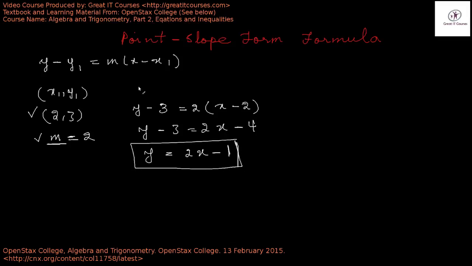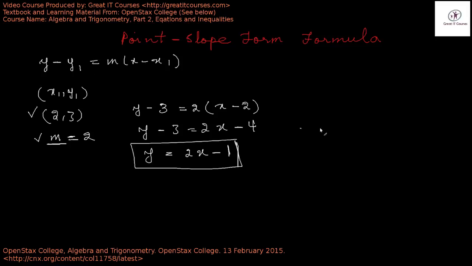Now you might be asking, how did we get this equation? This is actually a very simple relationship between any two points on your line, and it's essentially just the slope of your line.